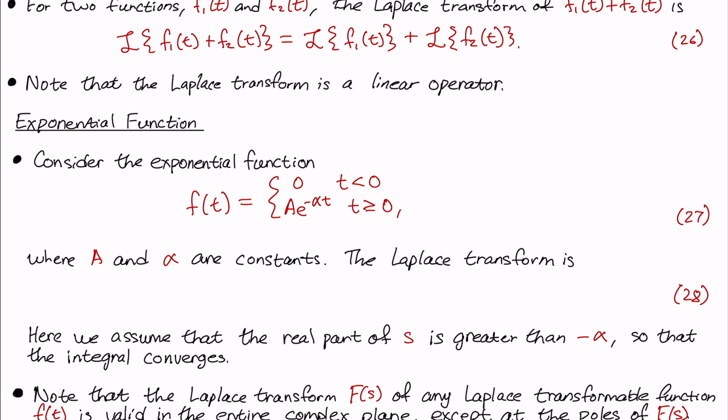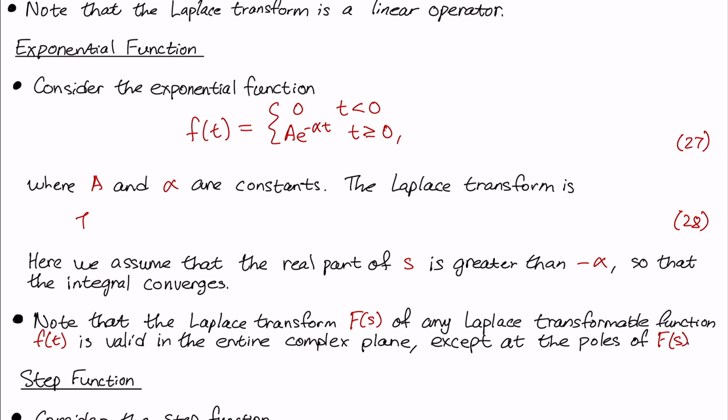We can go and compute then the Laplace transform applied to a e to the minus alpha t. So this is equal to the integral from 0 to infinity, a e to the minus alpha t times e to the minus st dt.